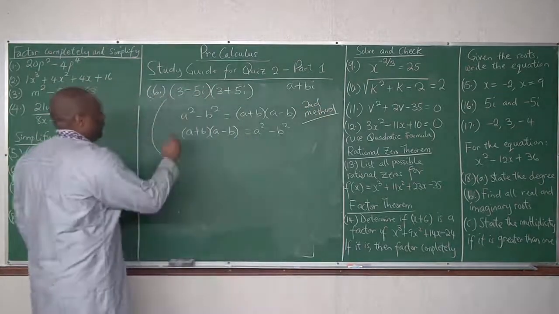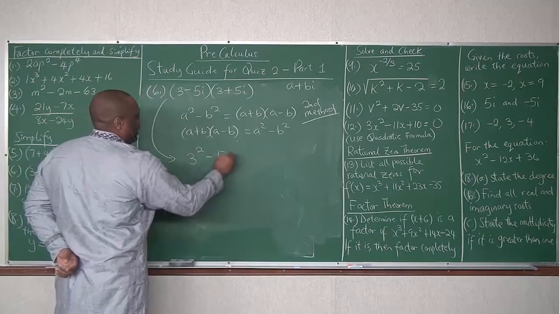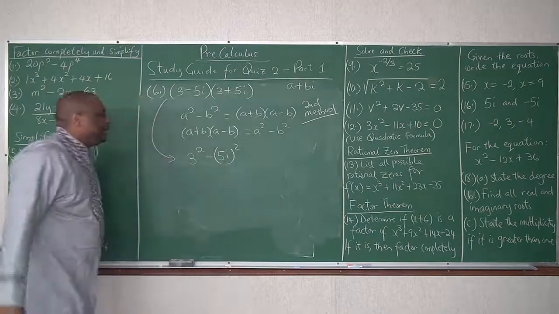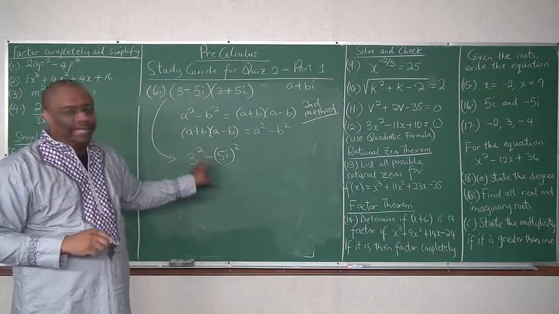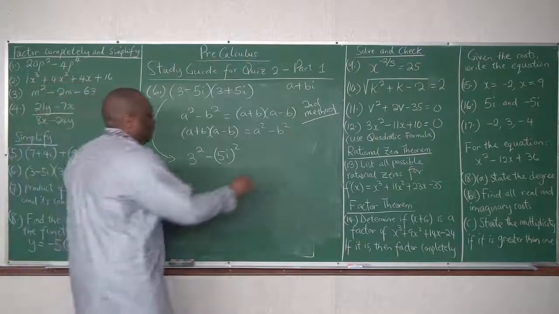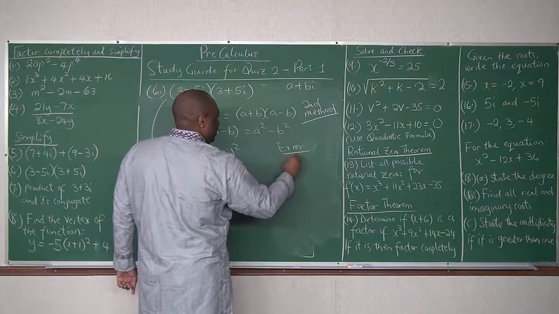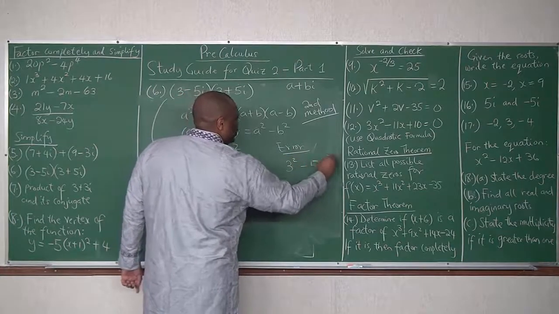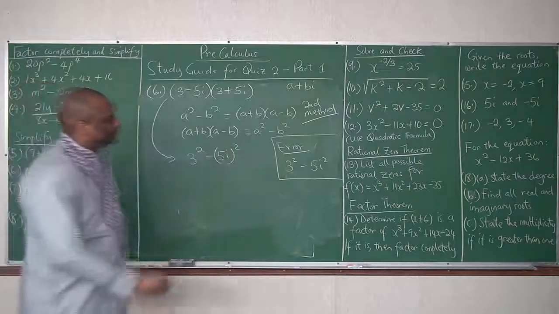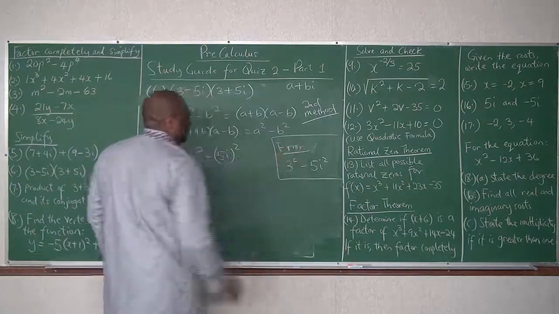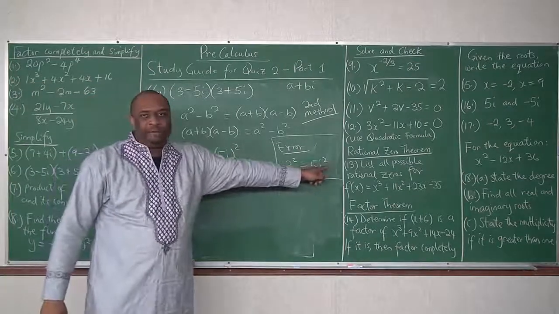So this is the same thing as saying 3 squared minus 5i all squared. Now, the mistake that some students make is to write 3 squared minus 5i squared, putting the square only on the i.